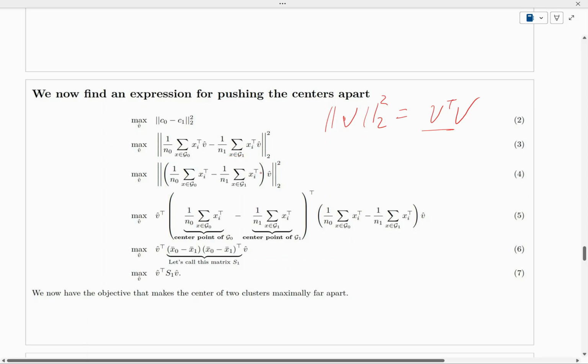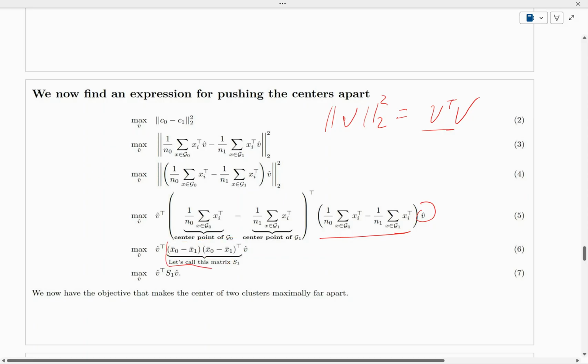Then you take this transpose times itself. When you do that, the V pulls out on both sides. And notice how this right here is simply the average point for group 0, and this is the average point for group 1. I'm going to call the average point for group 0 minus the average point for group 1 the difference, and this is just the transpose of the same thing. So this right here, we're going to call matrix S1.